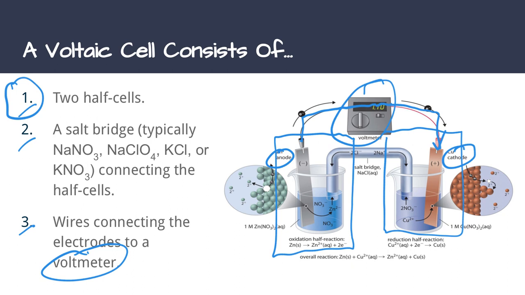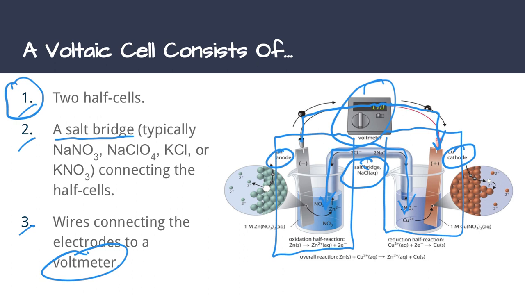If we just had the two half cells and the electrodes connecting the two, we wouldn't complete the circuit. In order to complete the circuit, we need something called a salt bridge, and that is this piece here. It's just a tube filled with a salt solution, something that is not your strongest oxidizing or strongest reducing agent, because you do not want it being part of your reaction.